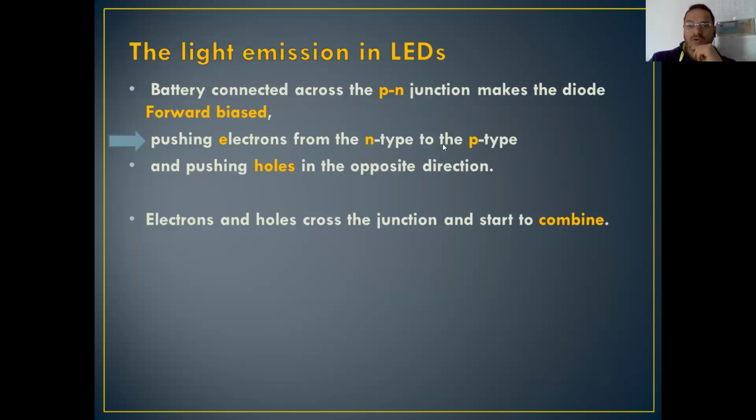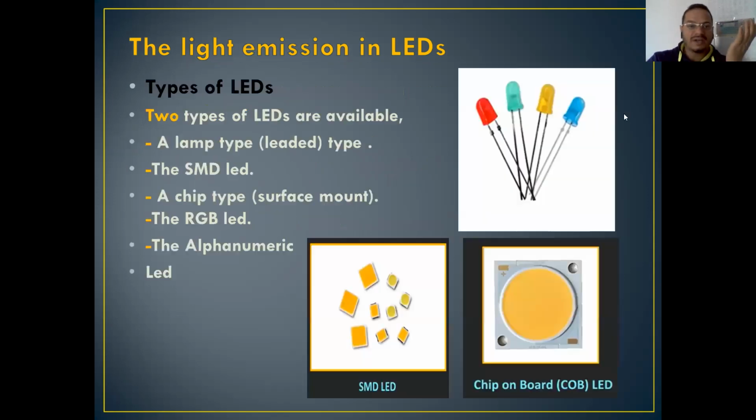Here, a battery connected across the PN junction makes the diode forward biased, pushing electrons from the N type toward the P type, and the holes at the P type toward the N type, and all of them will recombine, and after that we can generate the LED light this way. Electrons and holes cross the junction and start to combine.